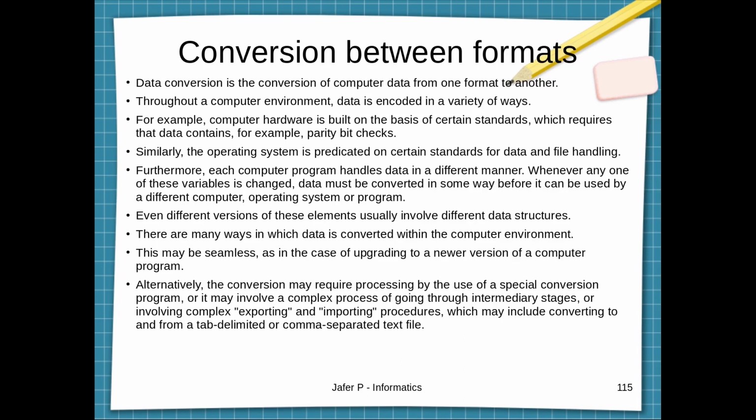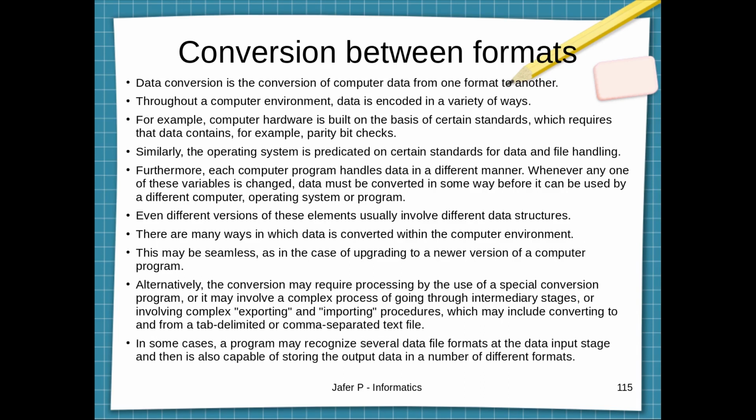So when you create a file in Microsoft Word 97 and try to open it in Microsoft Word 2010, there may be a conversion that happens behind the scenes, right? That may be complex or that may be easy. If it is complex, then it is difficult for the computer operating system to convert the current format into a different format.